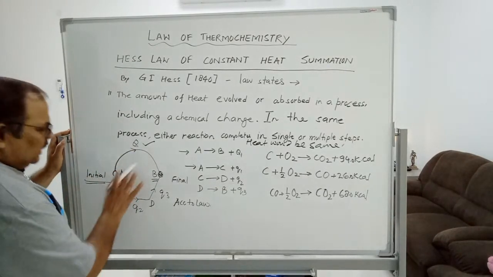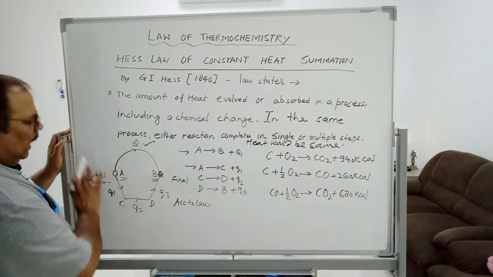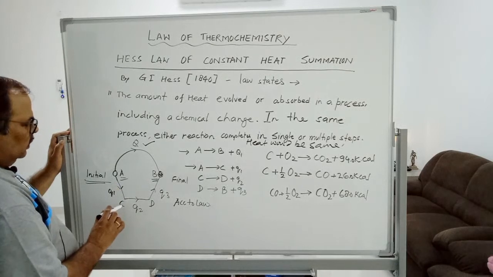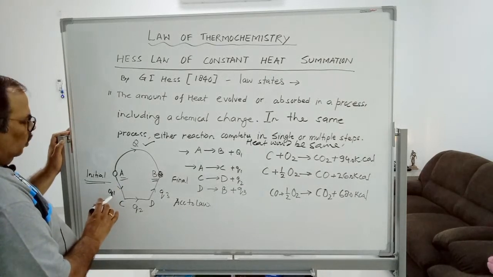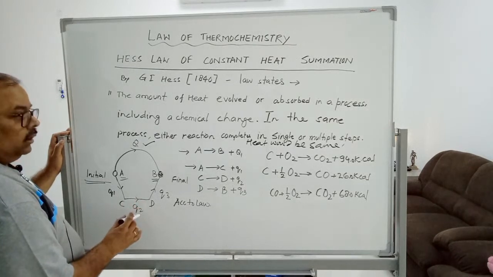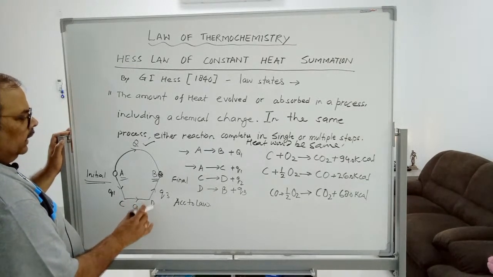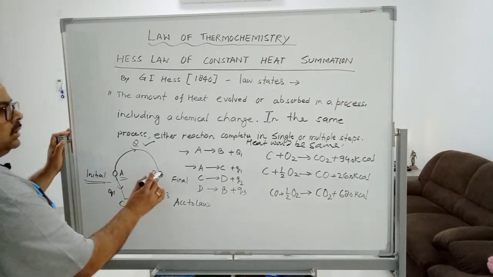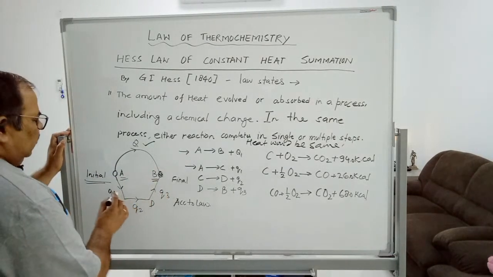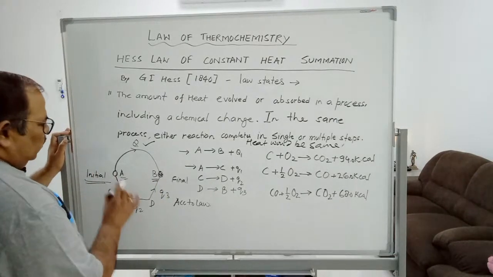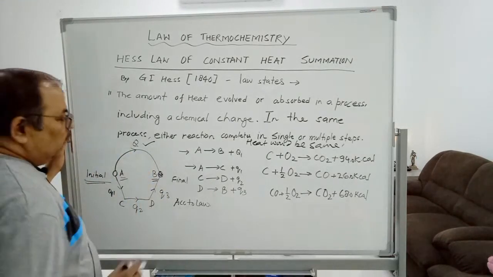In the second condition, the same reaction happens in different steps. A first converts into C, heat evolves Q1, C converts into D, heat evolves Q2, D converts into B. Finally, A is shifted into B. Heat evolves Q1, Q2, Q3. In this case, Q1 plus Q2 plus Q3 is equal to Q.